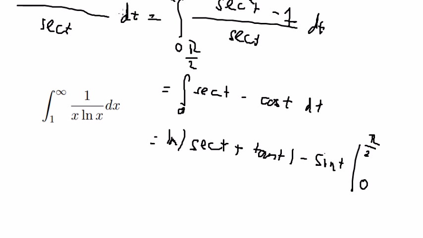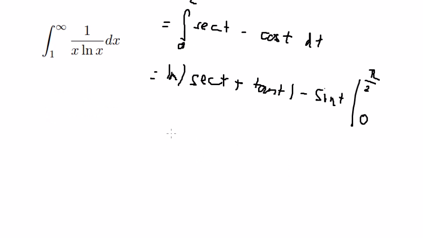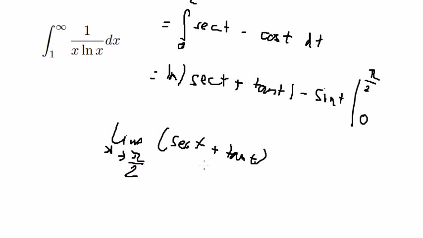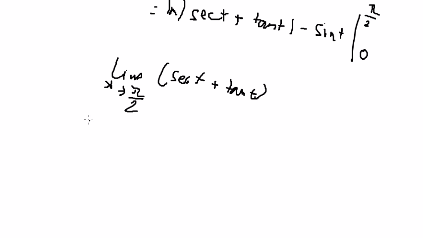Now I will consider about the limit inside this one. For this one, we can put about, this one is about 1 over cosine t.